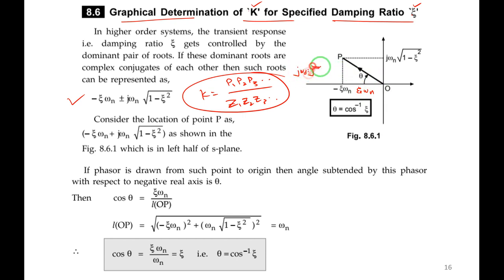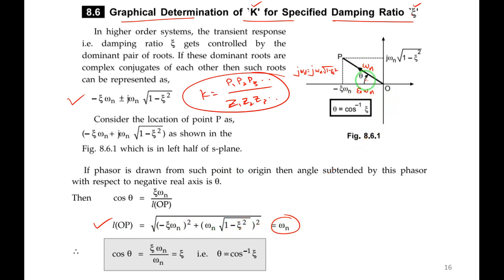What is omega d? Omega d is nothing but omega n into the square root of 1 minus z squared, and this side it is omega n. You can calculate it: the square root of this square plus this square, the hypotenuse. If you calculate the hypotenuse, the square root of z omega n squared plus omega d squared, you will get omega n only. So they have calculated here and they are getting omega n.